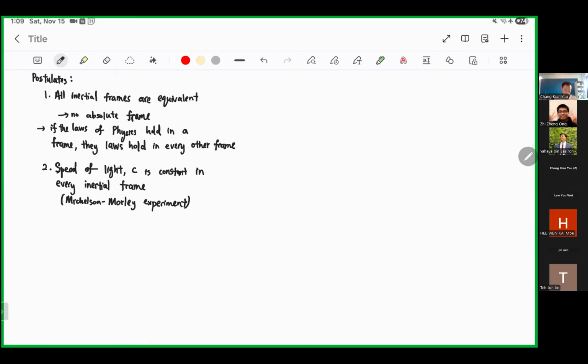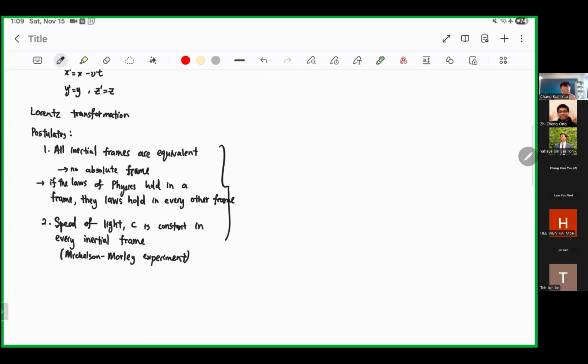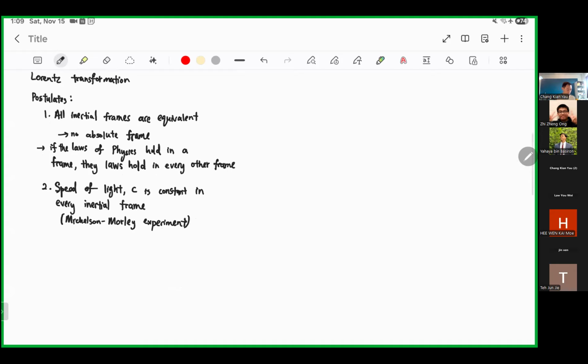There are multiple ways to derive the Lorentz transformation. If you follow Morin's textbook, he introduces time dilation, length contraction, and loss of simultaneity, and then uses those effects to derive the Lorentz transformation. But I would like to use just these postulates to reach the same set of equations, and after that we use them to derive time dilation, length contraction and so on. All right, let's get started.